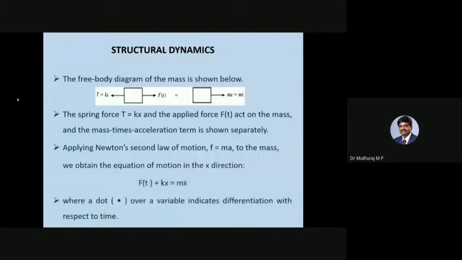When damping is absent, the type of analysis is known as undamped vibration, which is a simple formula: m u double dot plus K into u is equal to F of t.